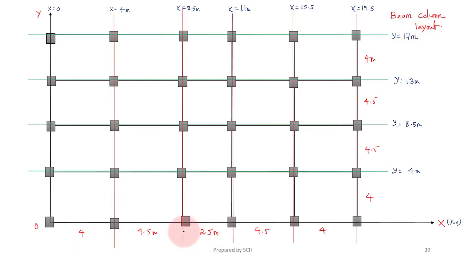So these are the various grid lines. Either you can use the spacing between the grid lines along x and y directions, or you can use the x and y ordinates for the various grid lines. This grid line we can call A, this grid line is B, this is C, D, E and F. Similarly, the other grid lines are 1, 2, 3, 4 and 5.